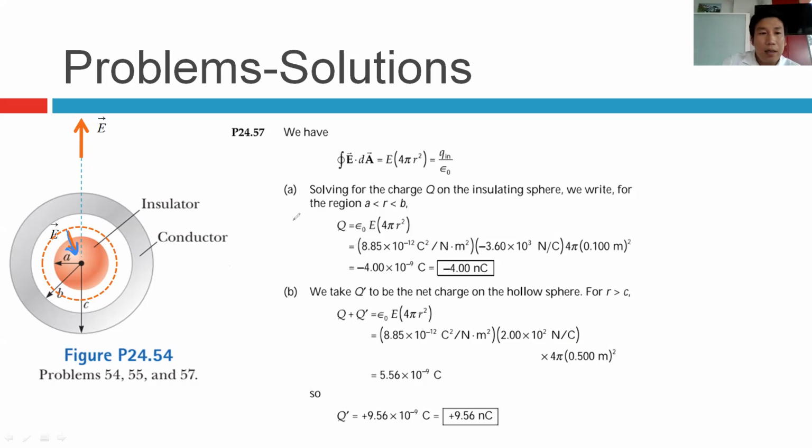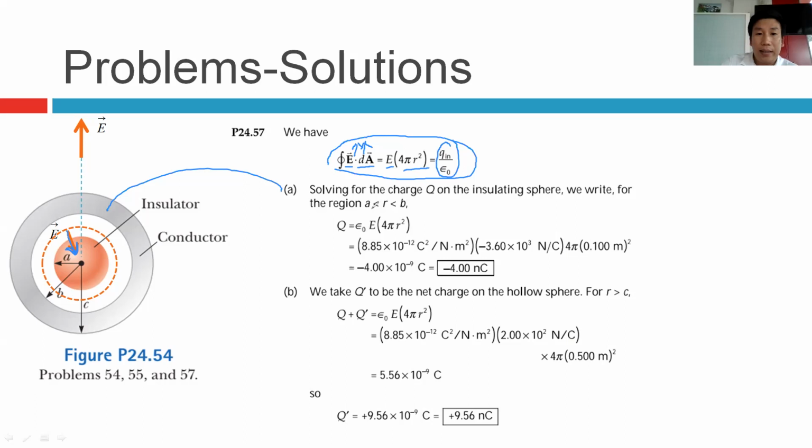For case A, we apply Gauss's law here, right? We know that E and dA have the same direction, so we don't need the angle. So we have E times the integral over the sphere surface, which is the area of the sphere, and here is the total charge inside.